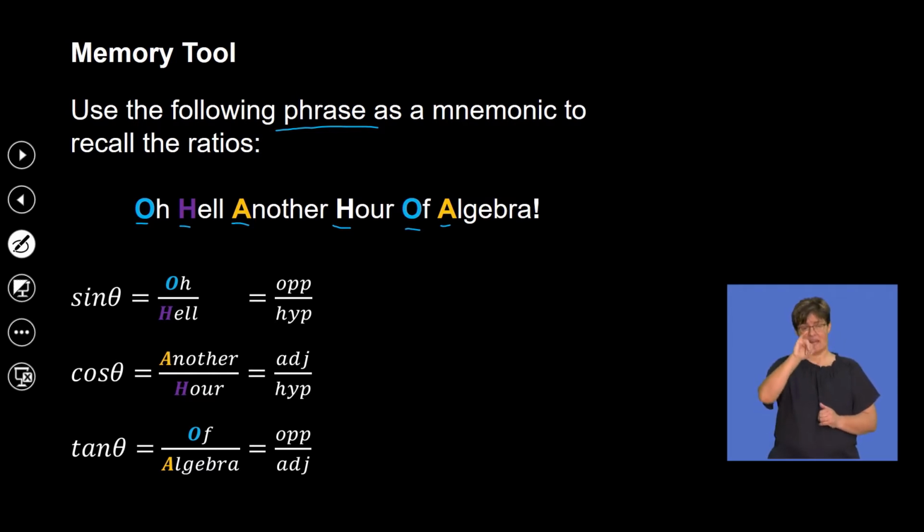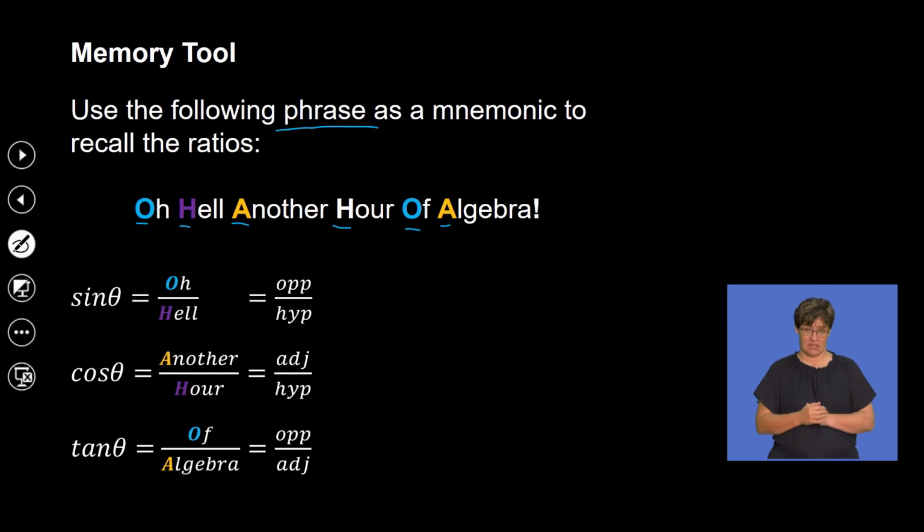O over H, oh hell, is the same as opposite over hypotenuse. Cos theta, another hour: A over H, which is adjacent over hypotenuse. Then tan theta, the last one, will be oh algebra, O over A, which is the same as opposite over adjacent.